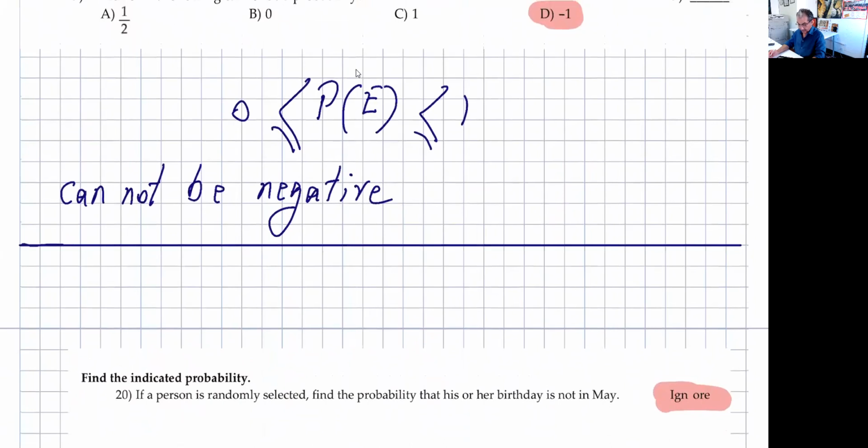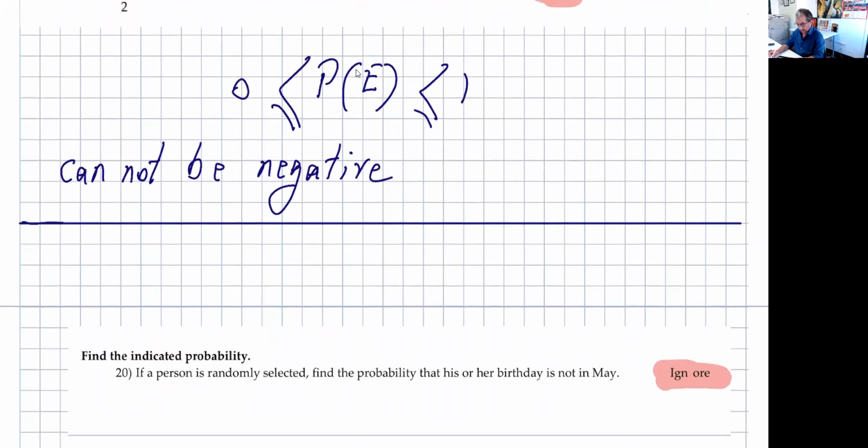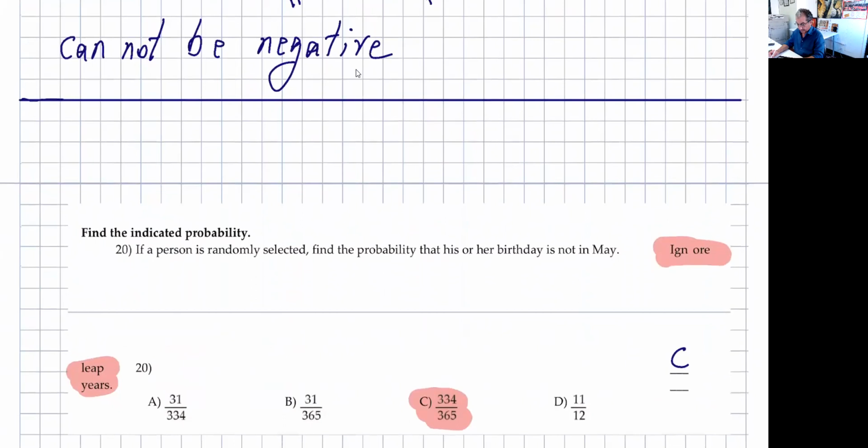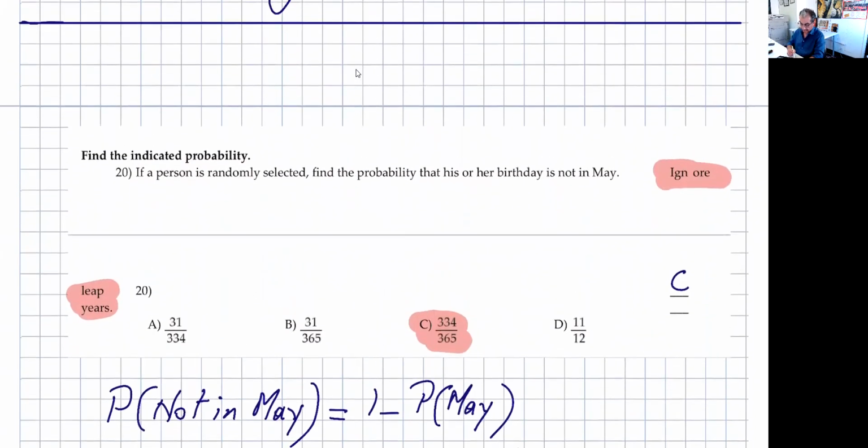If a person is randomly selected, find the indicated probability. Number 20, find the probability that his or her birthday is not in May. Let's look at the solution. The probability of a birthday not being in May is the same thing as 1 minus the probability that the person was born in May.